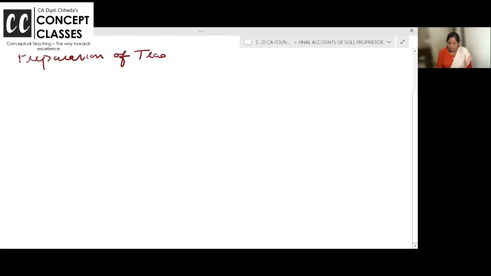Preparation of trading account. This is what we are learning. Heading, problem number 1.